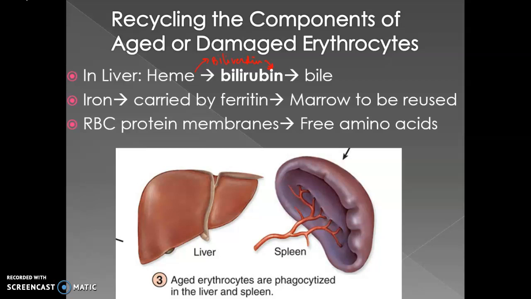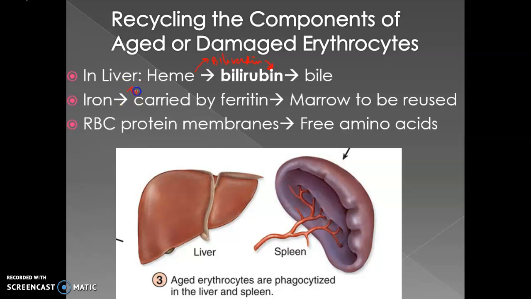So remember the heme part, or the blue ring that you saw in the hemoglobin: the heme gets converted into biliverdin, which eventually converts into bilirubin, and that forms bile pigments. What happens to the red balls? Remember the red balls, or iron? Well, iron is transported in blood by the protein transferrin.